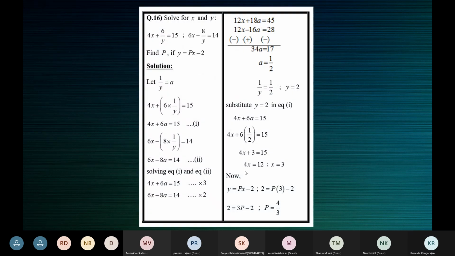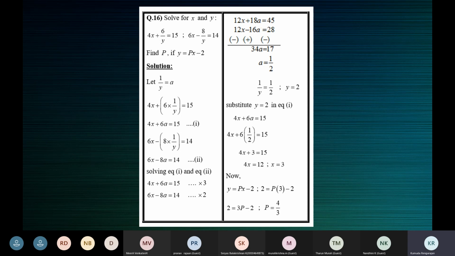Yeah, take a picture. So once you find the values of x and y, you need to find the value of p.